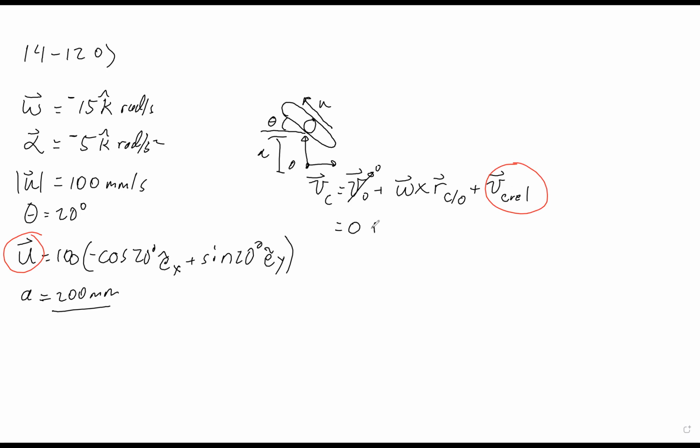So we got 0 plus negative 15 k hat crossed with 200 e hat sub y. Okay, and then we have the vector u, 100 times negative cosine 20 degrees e hat x plus sine 20 degrees e hat y.